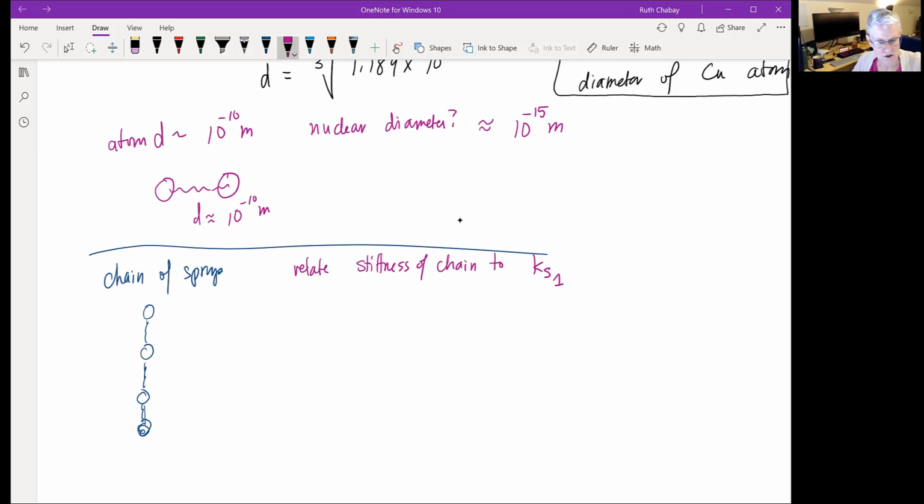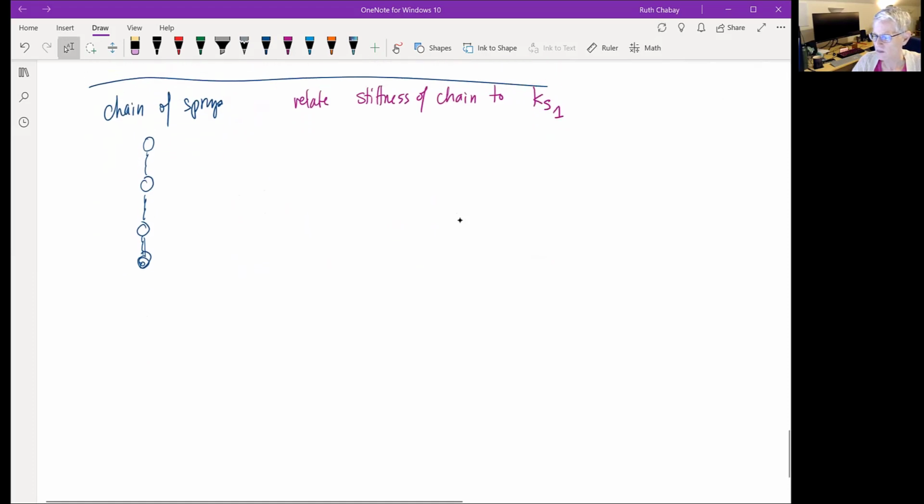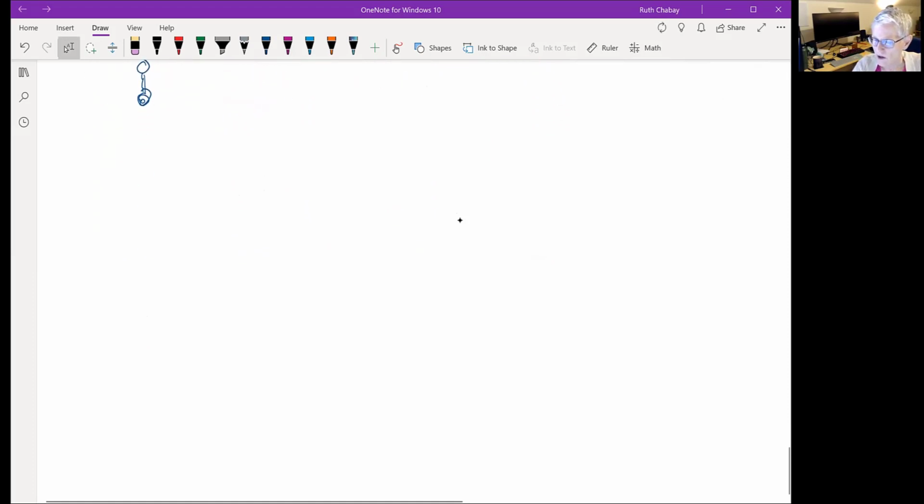So let's think about how this happens. First of all, with a single spring, how would we measure the spring stiffness? The simple thing to do is to take a spring.